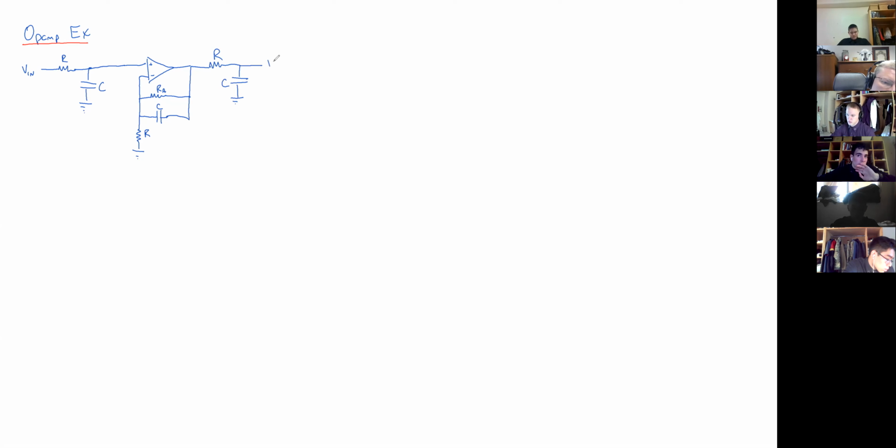And here's our V out. And we'll let R equal 1K, C equal 10 nanofarads, and we'll let RA equal 30 kiloohms. The question is, find the step response.